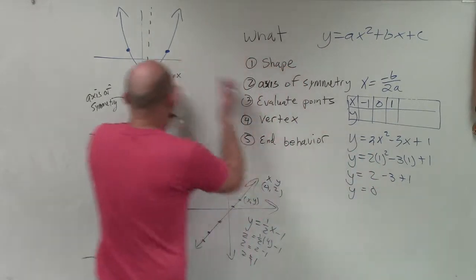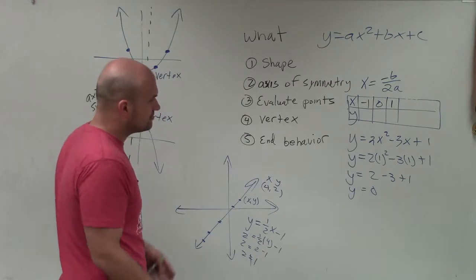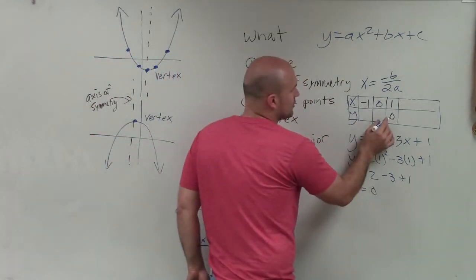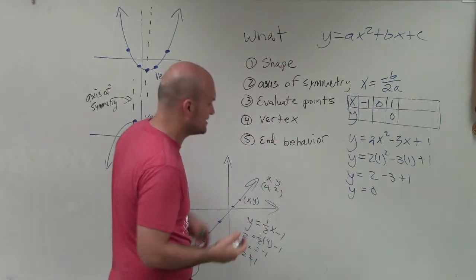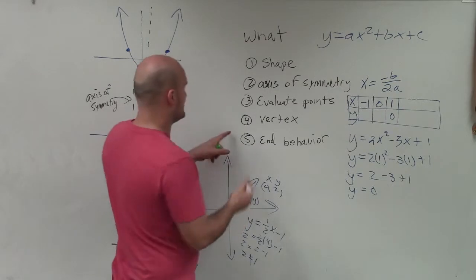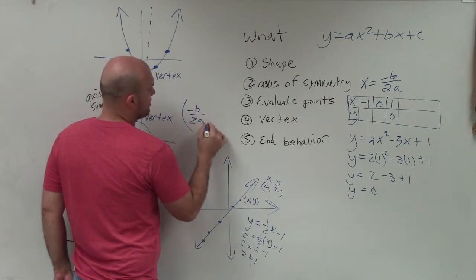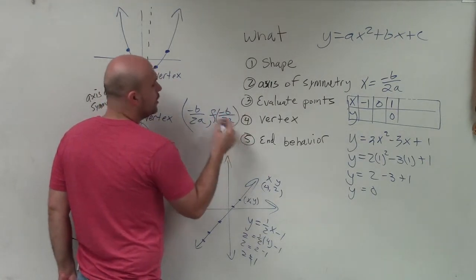Now, obviously, this equation does not represent that equation. I'm just making up a problem. But the important thing I want you guys to understand is that now that would be the y-coordinate, and that's the x-coordinate of the vertex. So now I've figured out what the vertex is. A lot of times we go with this formula for the vertex, opposite of b divided by 2a, which is the x value, and then f of opposite of b divided by 2a, which is the y value.